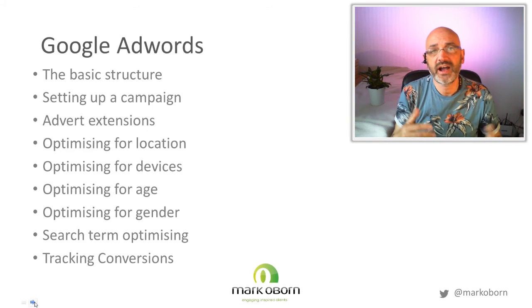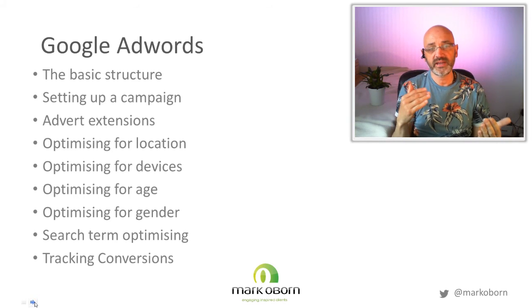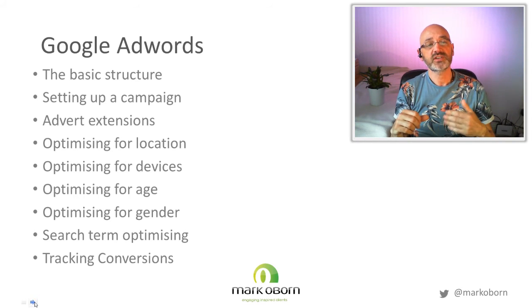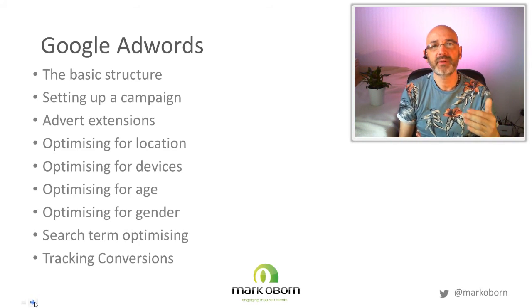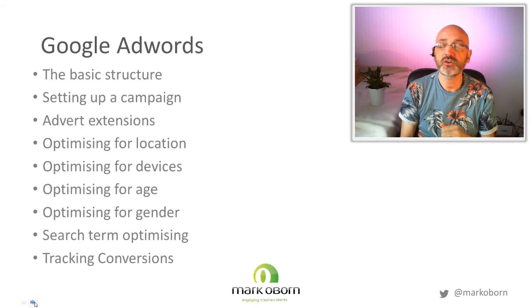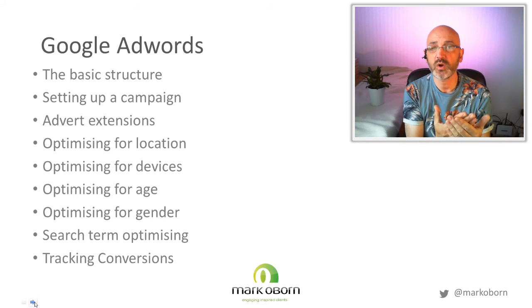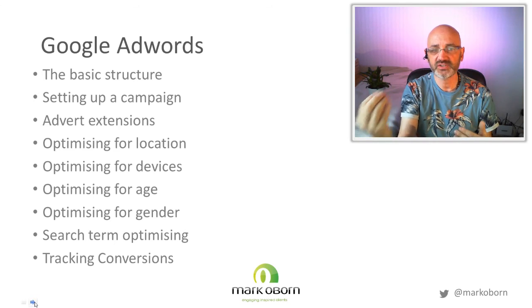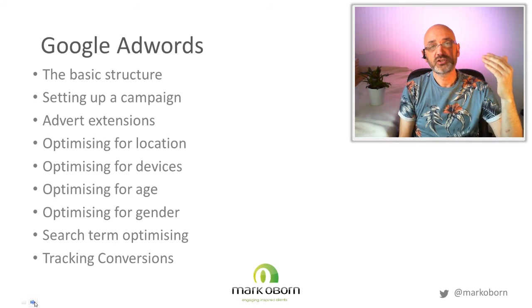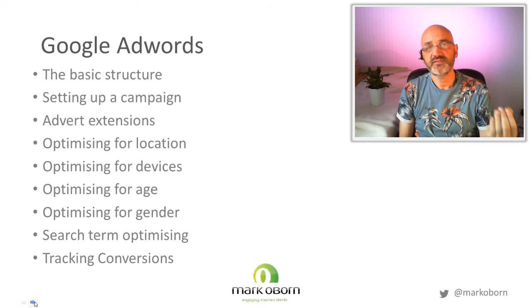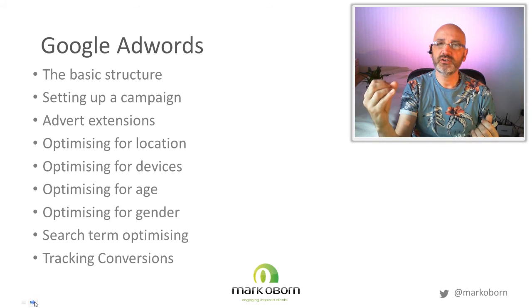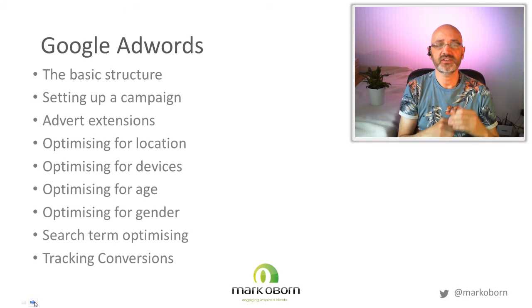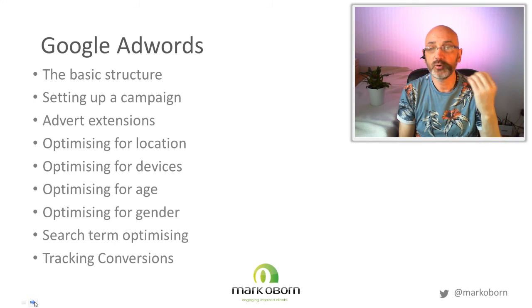So once you've created your advert, you let your advert run for a couple of weeks, you go back into Google AdWords, you click on the locations tab, you look at the multiple locations you're running your adverts for and see which ones are working best, increase your bid adjustment for that one. Then you go into the devices tab, you see which devices are working best, increase your bid adjustment for each of those devices. You do the same for age and for gender.